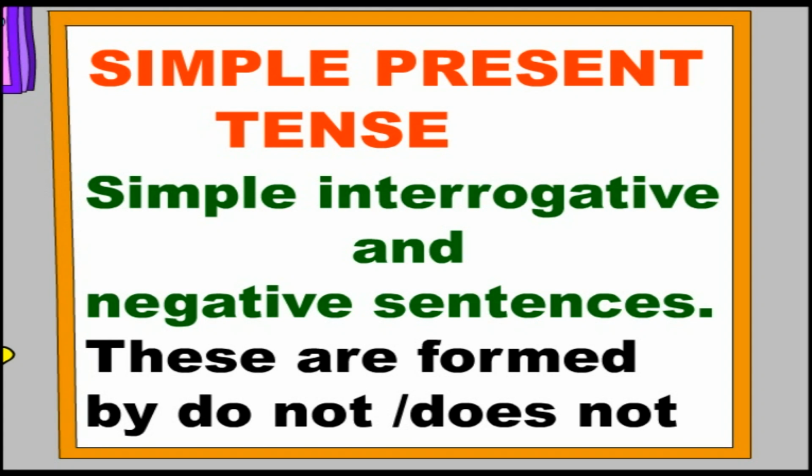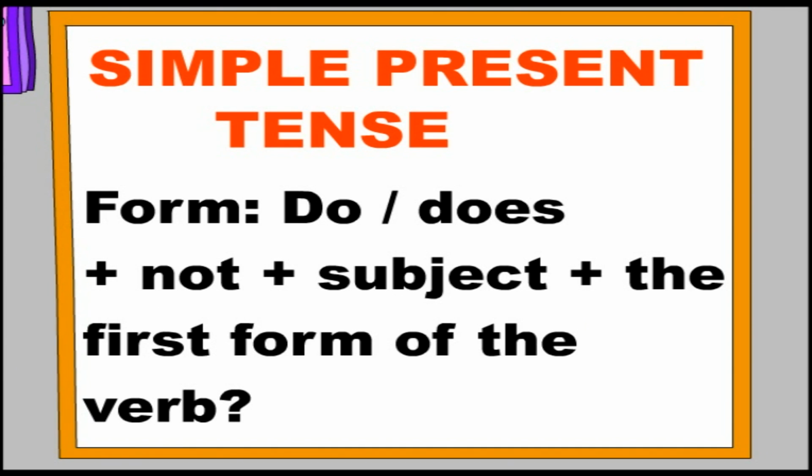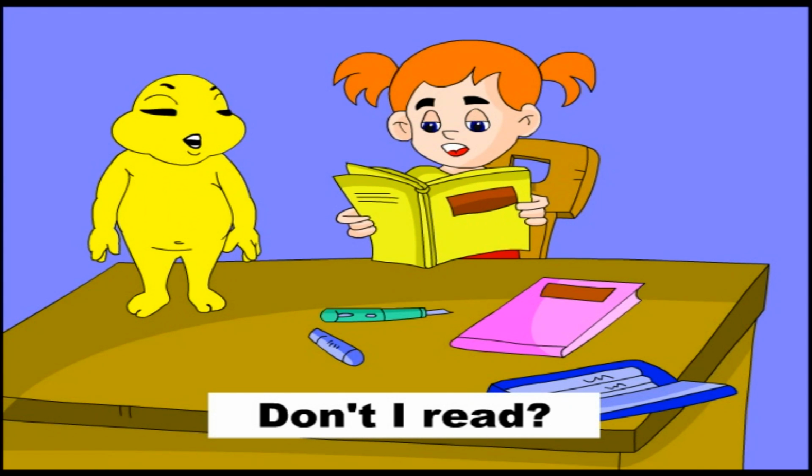Simple interrogative and negative sentences. These are formed by don't, doesn't, followed by subject and the first form of the verb. Form is do or does plus not plus subject plus the first form of the verb. Examples: Don't I read?